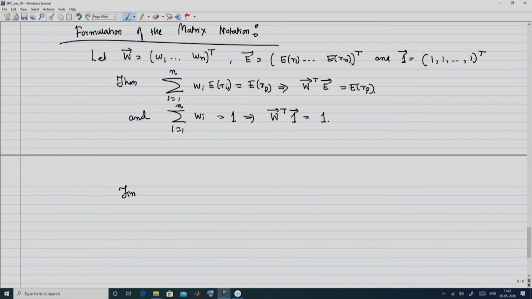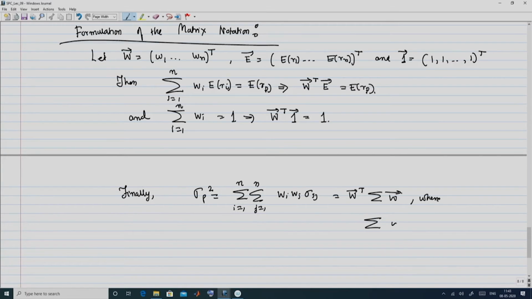Okay, so finally, we also introduce sigma p squared, which is summation i equal to 1 to n and j equal to 1 to n, Wi Wj sigma ij, this is vector W transpose sigma W, and here this sigma is the covariance matrix.